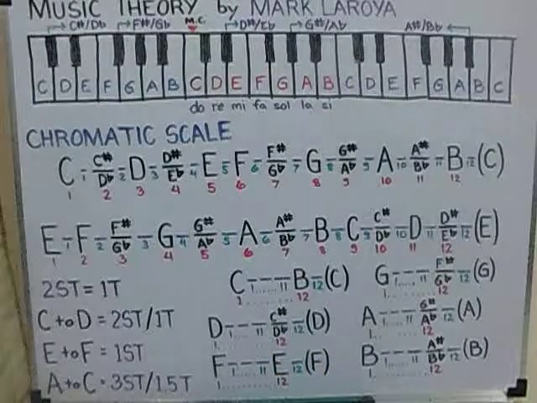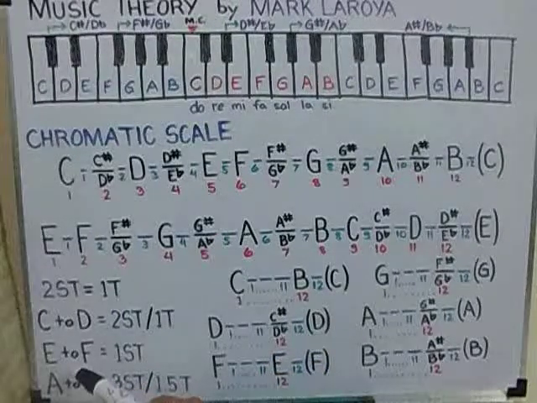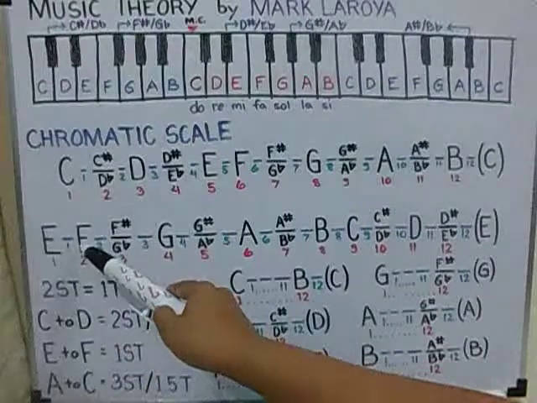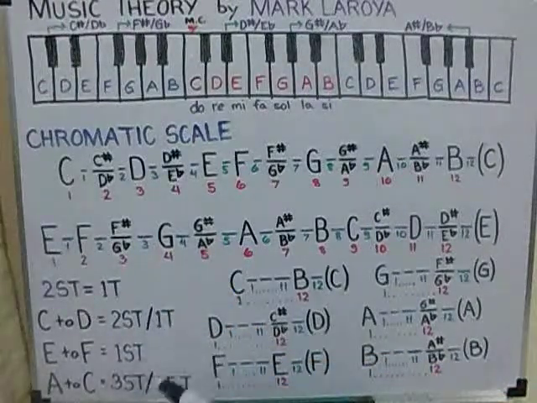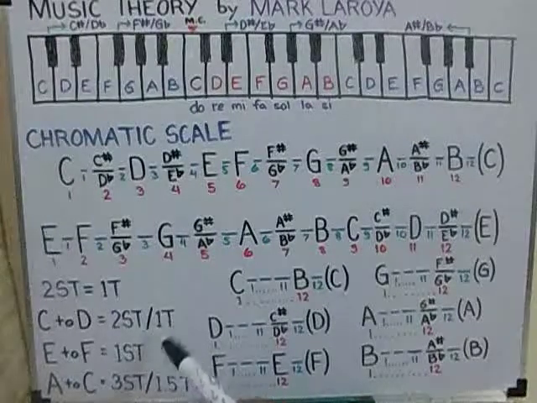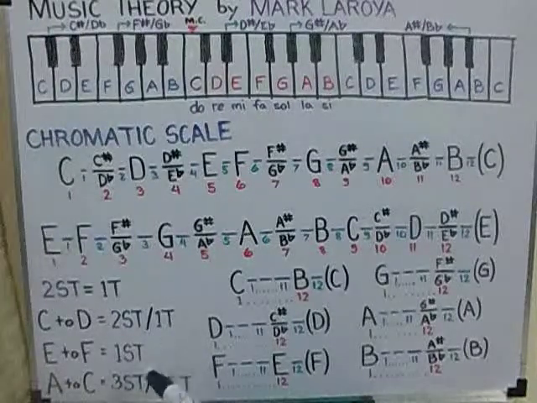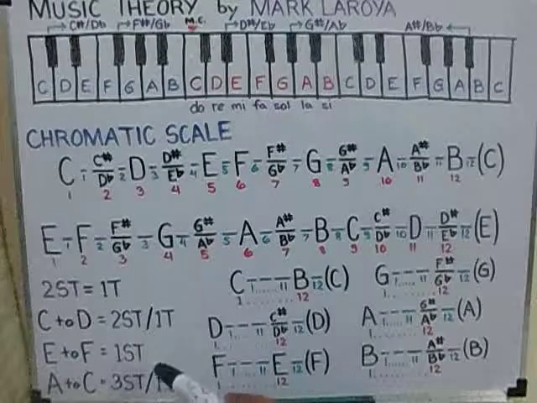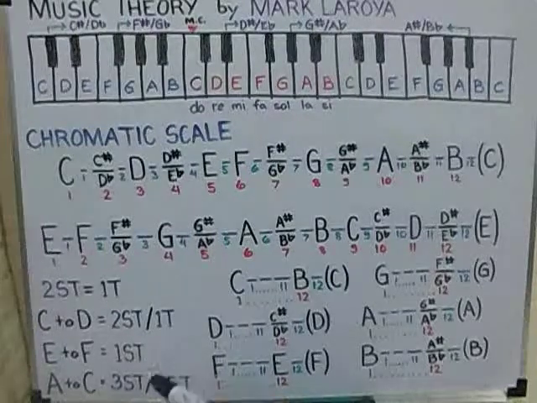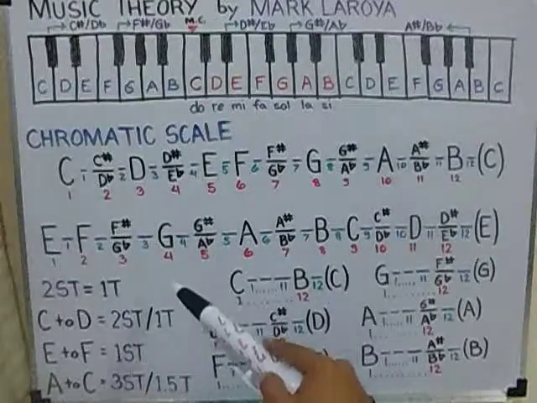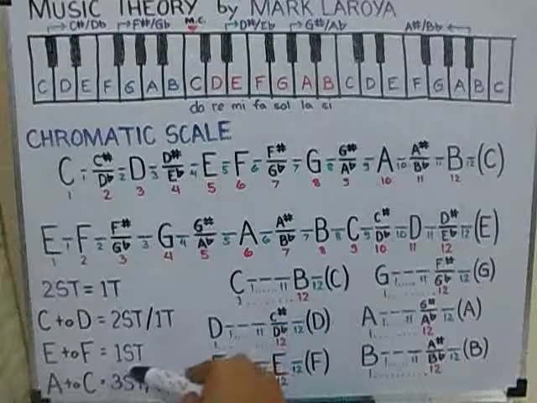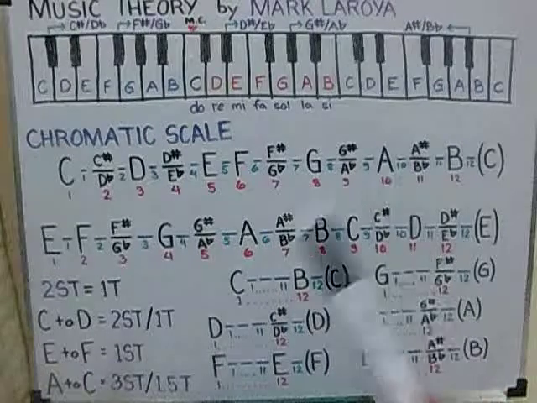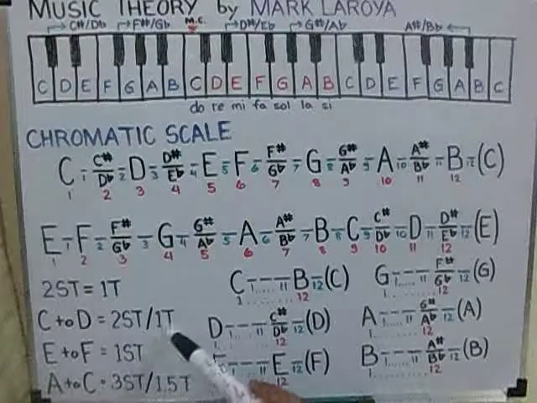Okay, now for E to F. E to F is just 1 semitone. Now, I didn't put 0.5 tone since we haven't covered a half tone yet, so I just put 1 semitone. Remember that 2 semitones is 1 tone.